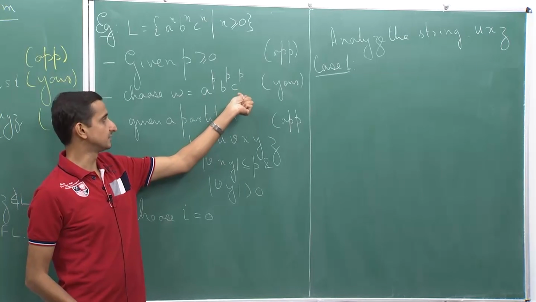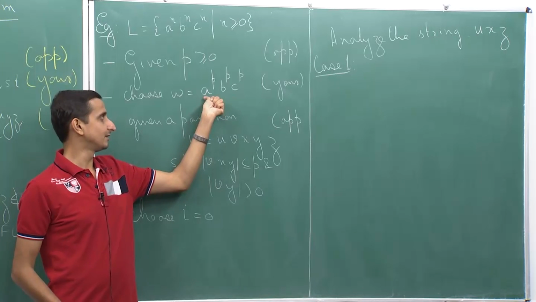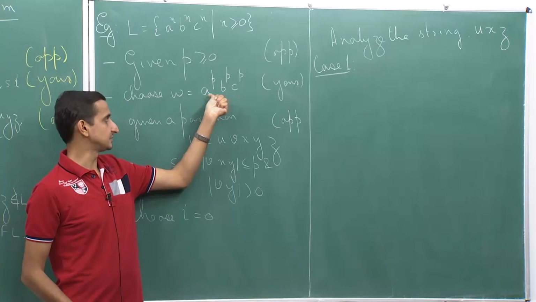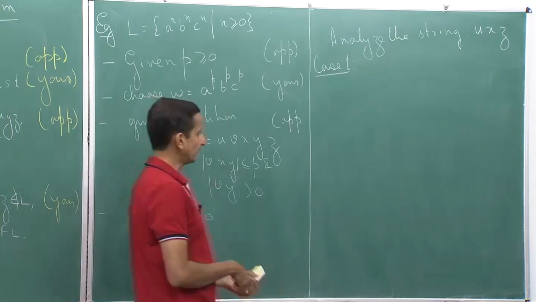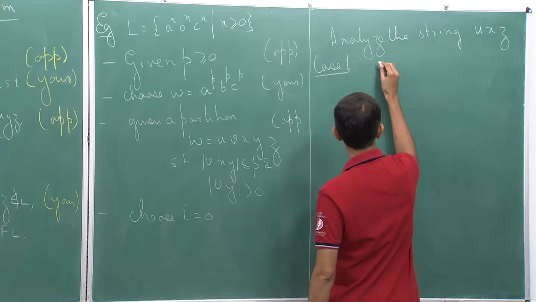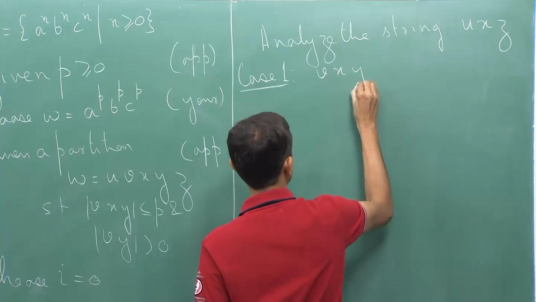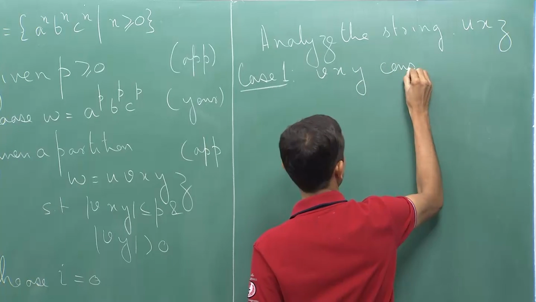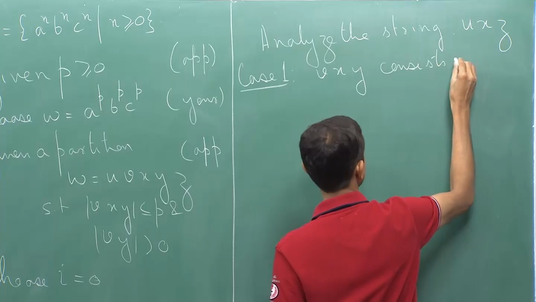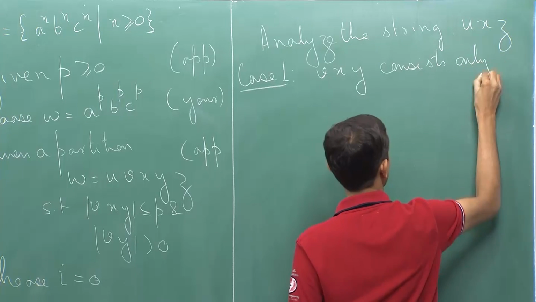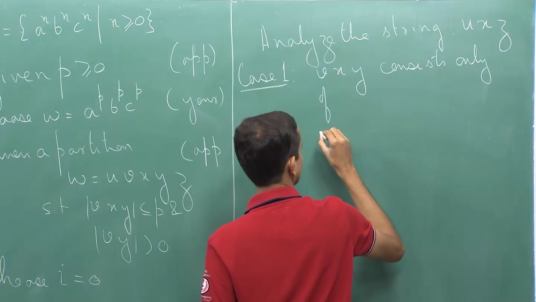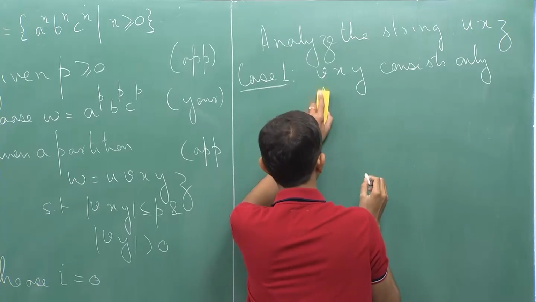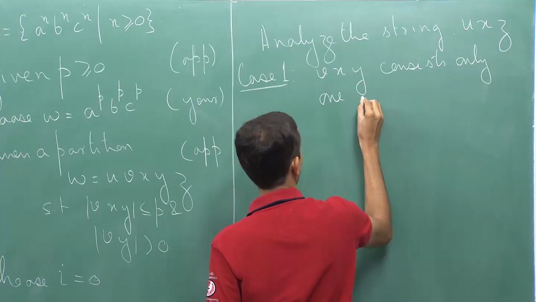Vxy can consist only of c's also, in which case u has all a's and all b's and maybe some c's. So, case 1 is when Vxy consists only of one symbol.